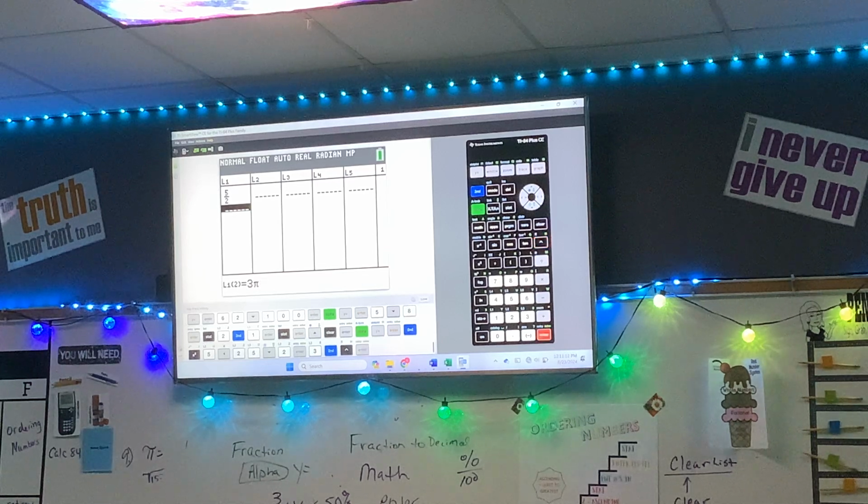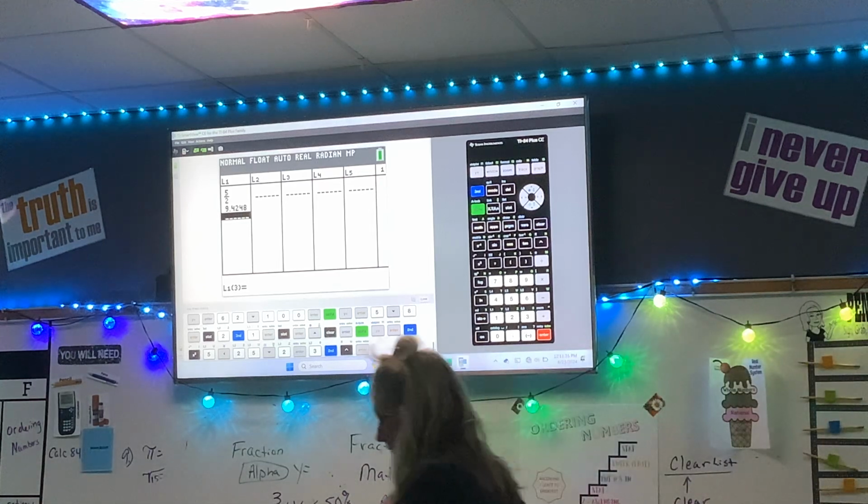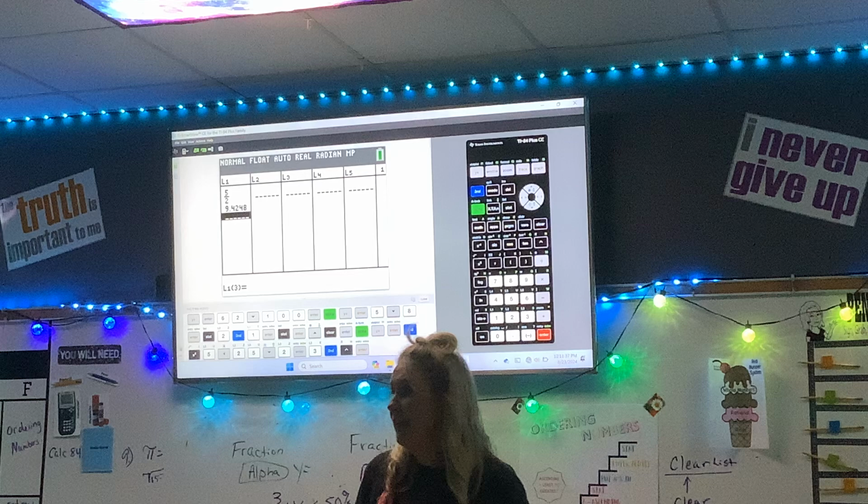Hit enter, and oh, it changed. So I have to write that beside the 3 pi. So I have 2 things written already beside my number line. Okay? Now I'm going to put in all the answers.